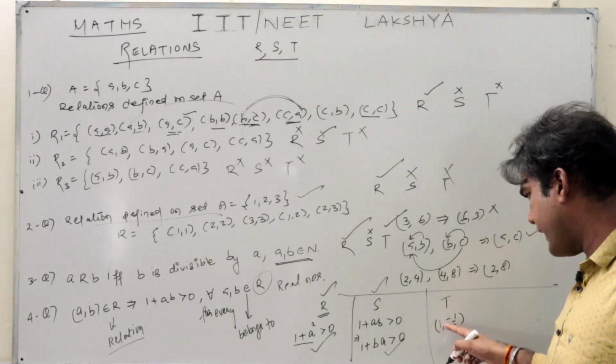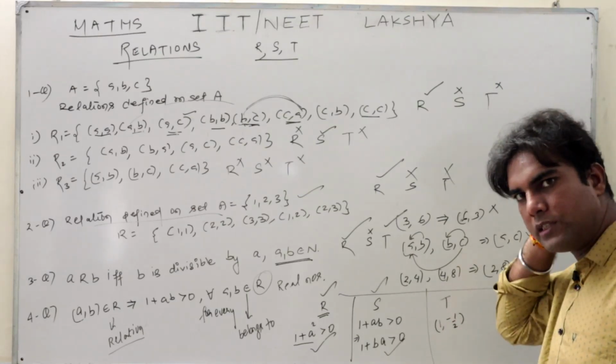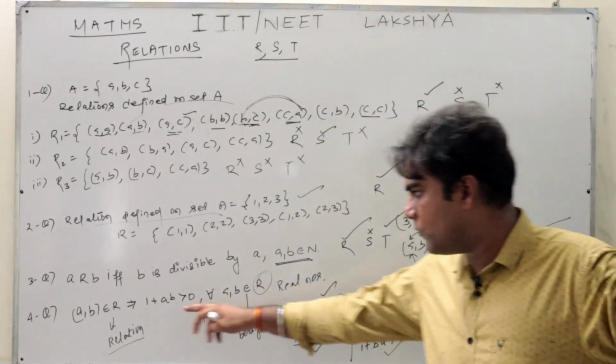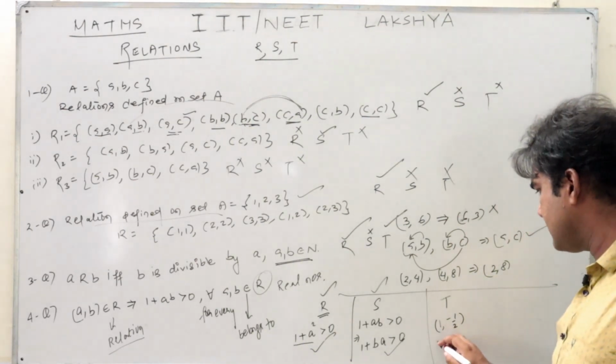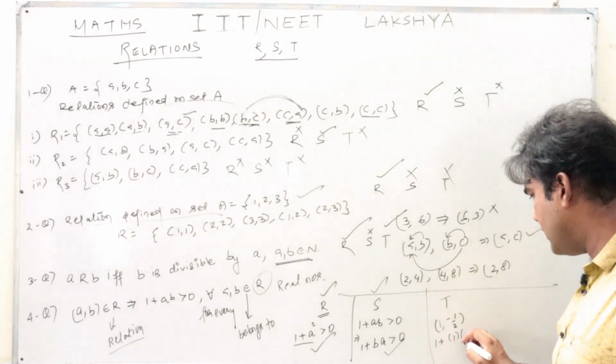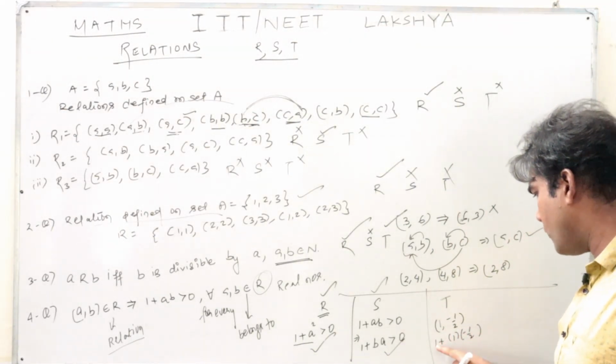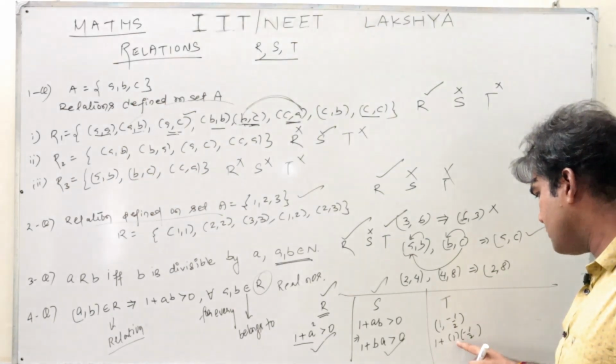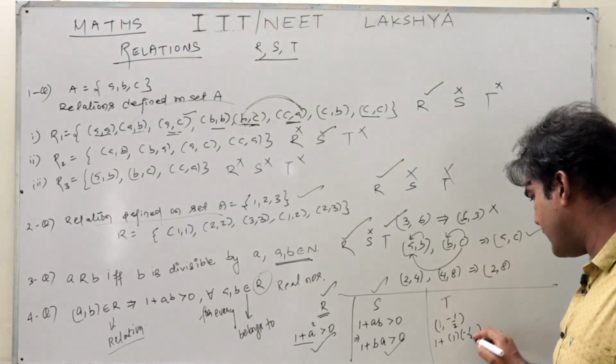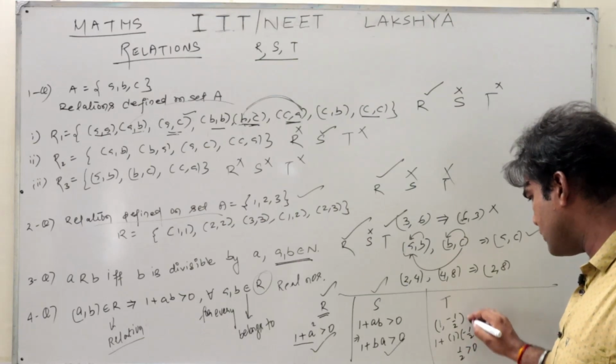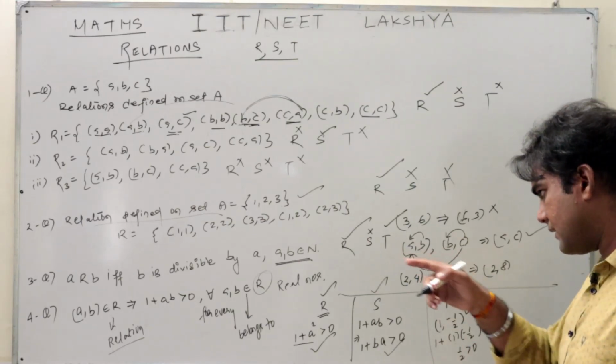What is the product? 1 into minus 1 by 2 is minus 1 by 2. So 1 plus ab is 1 minus 1 by 2, which is 1 by 2, greater than 0. So this is included in that relation.